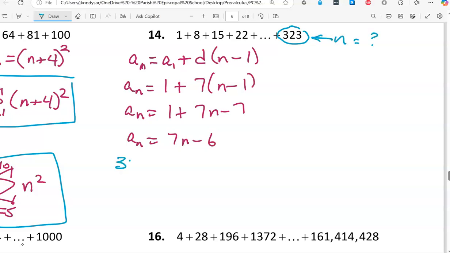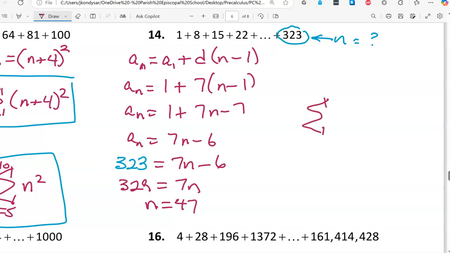So I'm going to replace the term value with 323 and then solve for n. So adding 6, that would be 329, is equal to 7n, which would give an n value of 47. And so when we write our series in sigma notation, the general term is 7n minus 6, and the counter, or the index of summation, goes from 1 to 47.